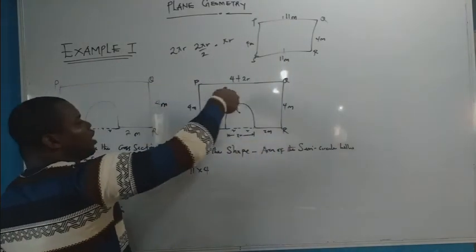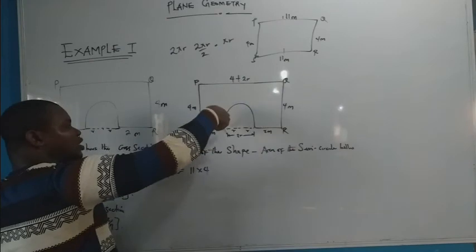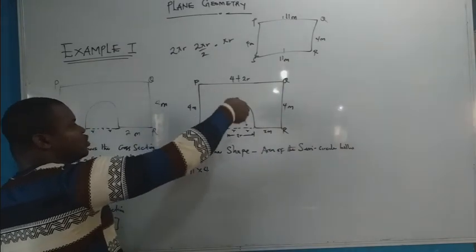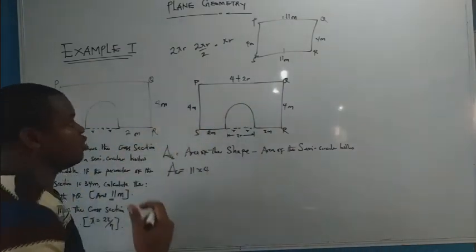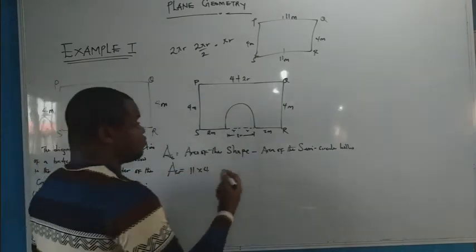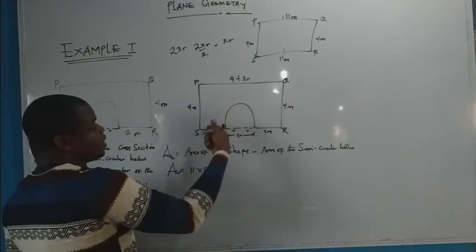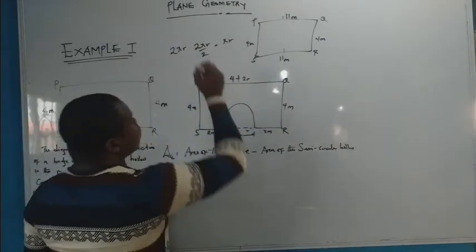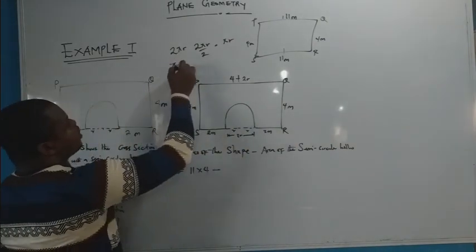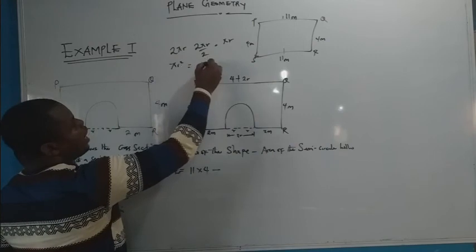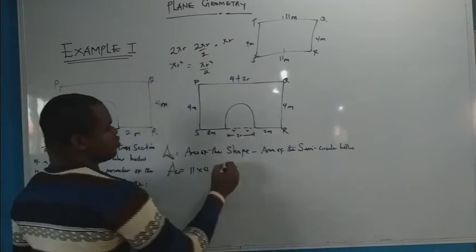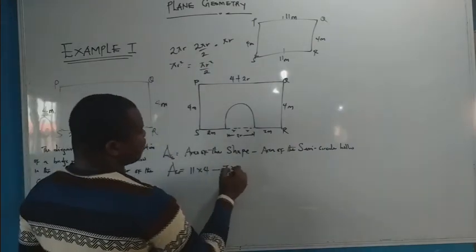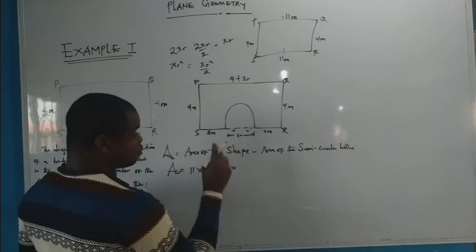Now in this shape, you can see that the semicircle is present in the shape, so it's like it has been cut out of the rectangle. As if you are cutting out a semicircle from the rectangle. So minus, remove the semicircle. The area of a circle is pi r squared. So the area of a semicircle will be pi r squared over 2. What's the r? We got it to be 3.5.